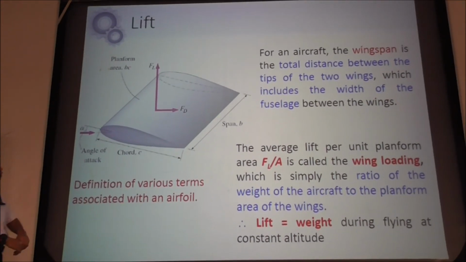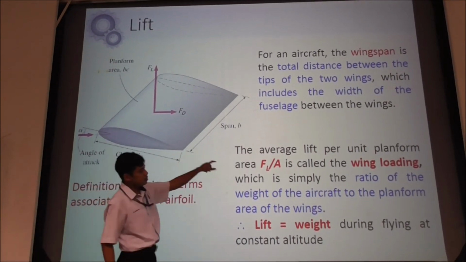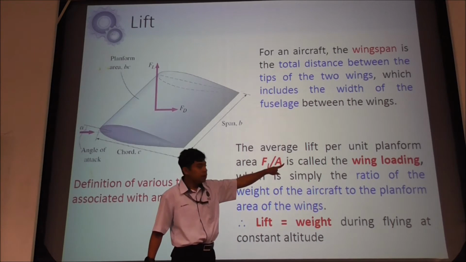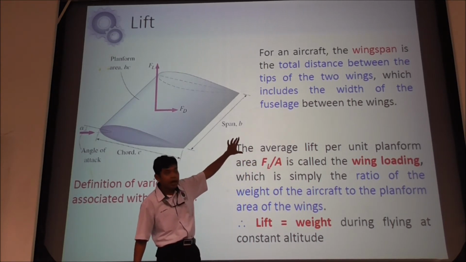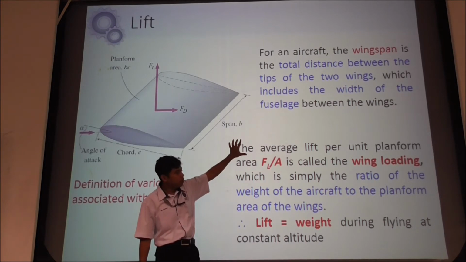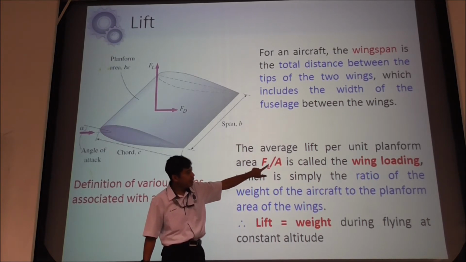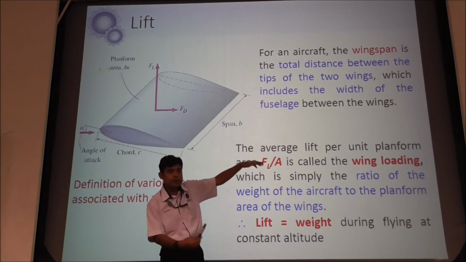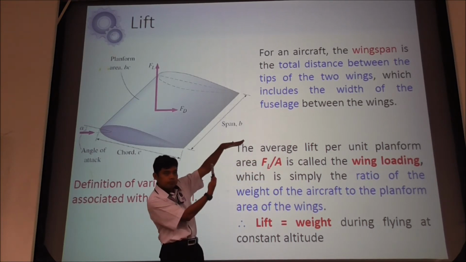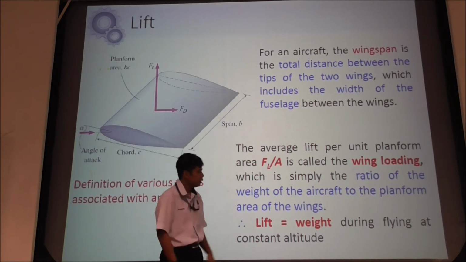Another important thing, rather than platform area, is the so-called wing loading. This is the average lift provided by your wing. How do you calculate it? It is FL divided by the area, which gives you Newton per meter squared, just like pressure, but it is pressure to the top that lifts the aircraft.